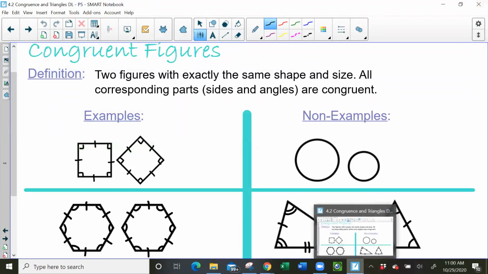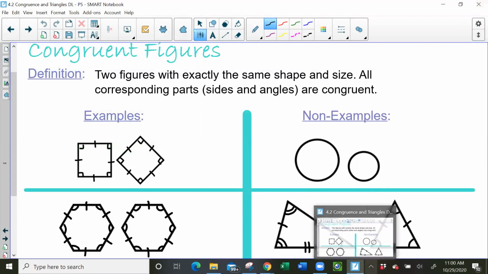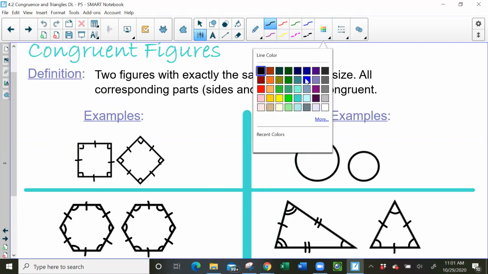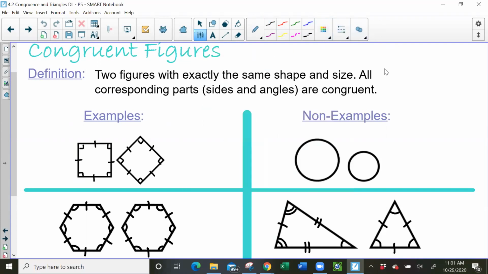Last hour. And let's see. Maybe now it will work. Oh, it's working. Okay, good. That's all I needed. All right.